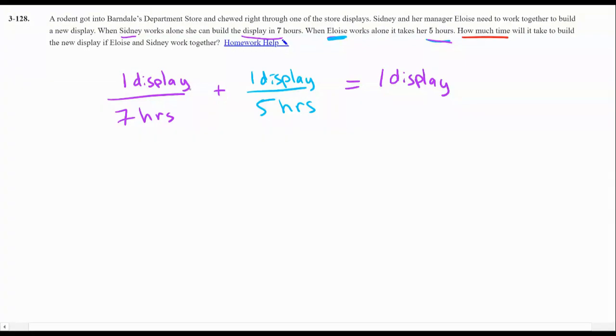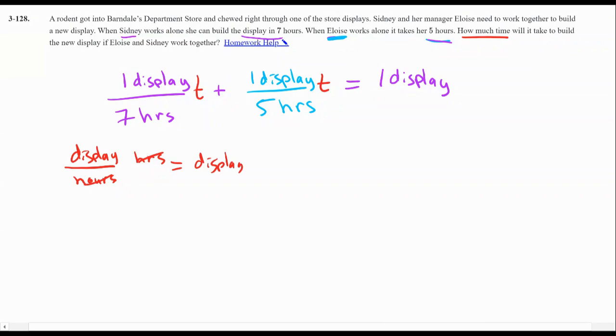So in this situation, I'm going to be multiplying rate times time. If I take Sydney's displays per hour and multiply it by however many hours they work, that would give us how many displays they could do.